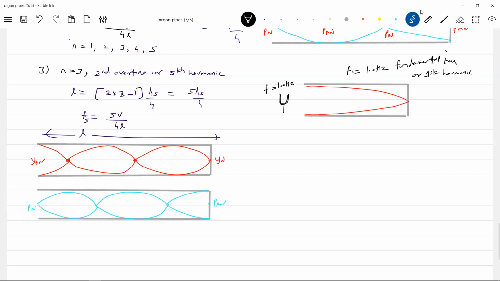Now, if I bring another tuning fork whose frequency is 300 hertz, this is very important, then the same pipe is going to resonate such that 1.5 loops will be there.